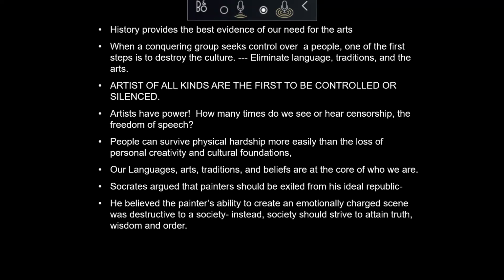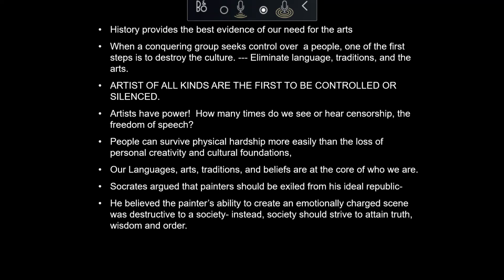Now, history provides the best evidence of our need for the arts. And I don't want to read through all of this. I just want to summarize for you that artists sometimes can scare people.